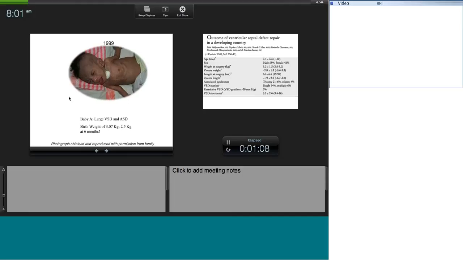So we'll take one example, and this was 1999, long ago, when we started performing open heart surgeries in little babies. We had this child who had presented at 2.5 kilos at 6 months really, and had lost about 500 grams from his birth weight.